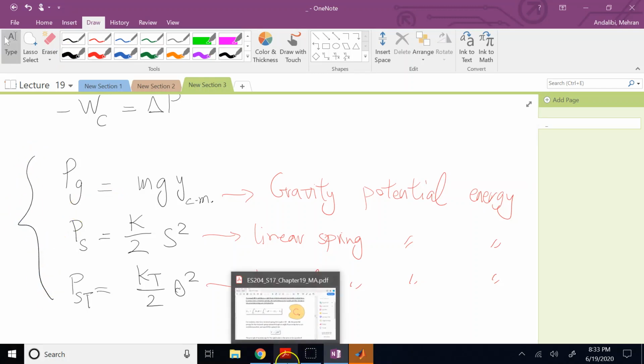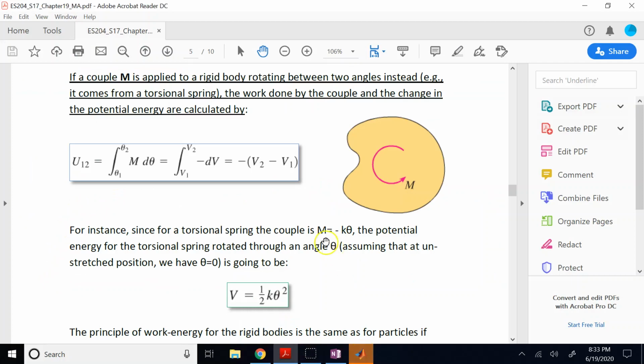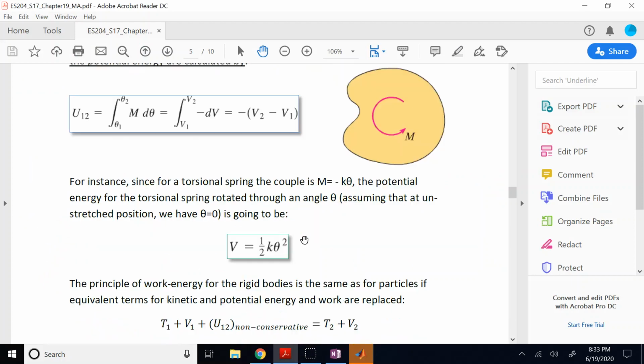So, a torsional spring is a spring whose moment is equal to the negative of the constant of the spring times the angle through which it has rotated. Remember, the force of a linear spring is negative k, the spring constant, times the displacement.